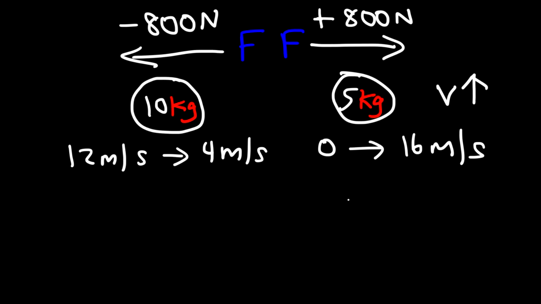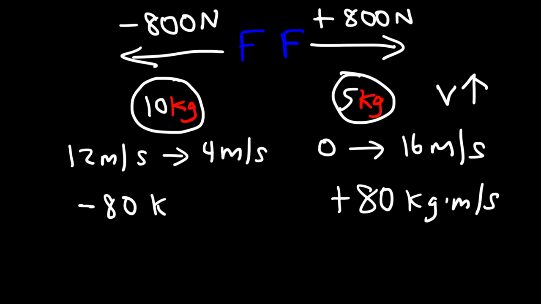In this process, the 5 kilogram object gained a momentum of, what did we say it was? 80 kilograms times meters per second. And the 10 kilogram ball lost a momentum of 80 kilograms times meters per second.